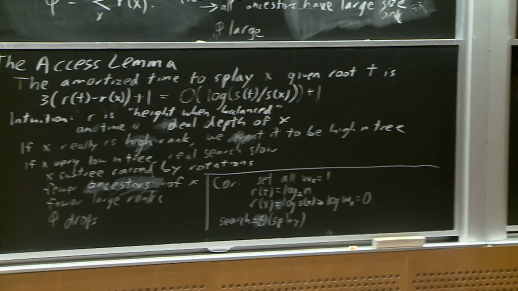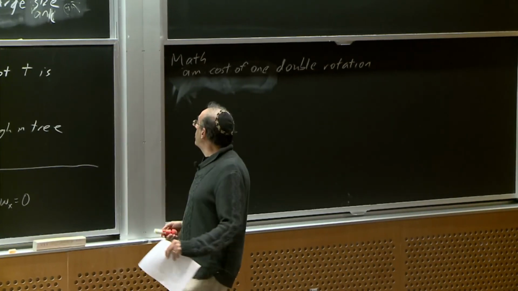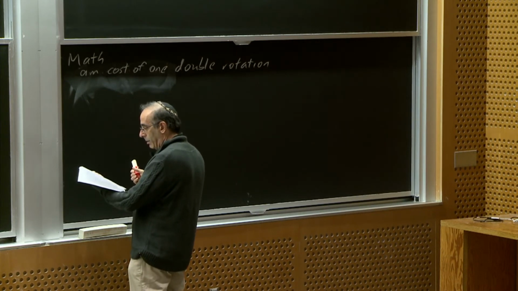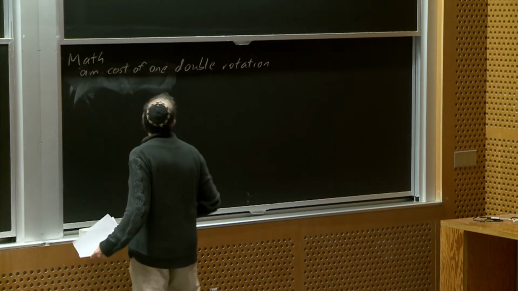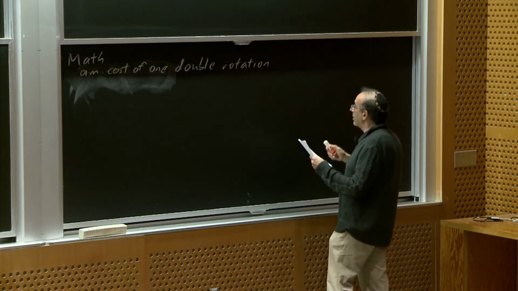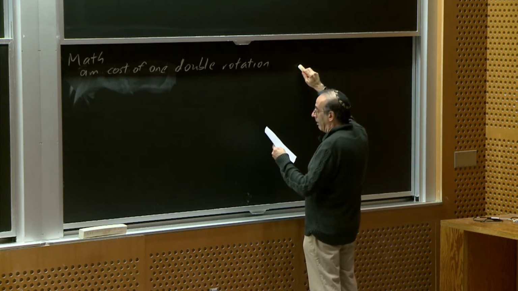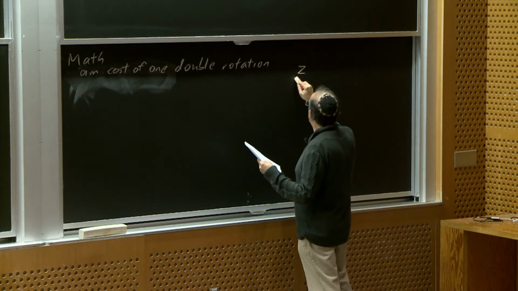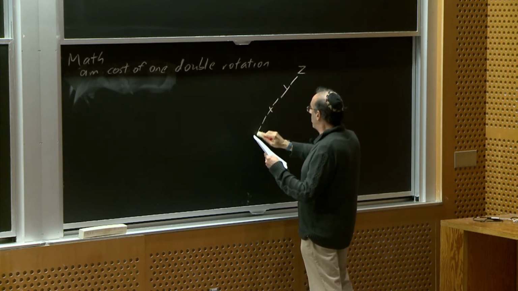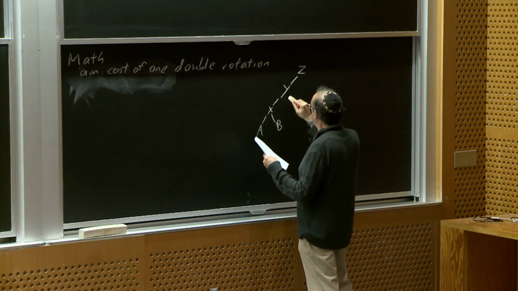And so for that double rotation, I'm going to do the zig-zig case, because that's the harder analysis where you have to be more careful. You can look at the zigzag case in the paper. I'm just going to draw it here for easy reference.